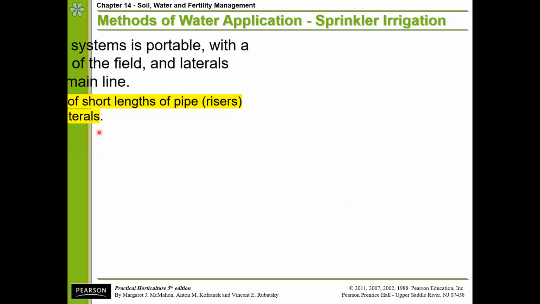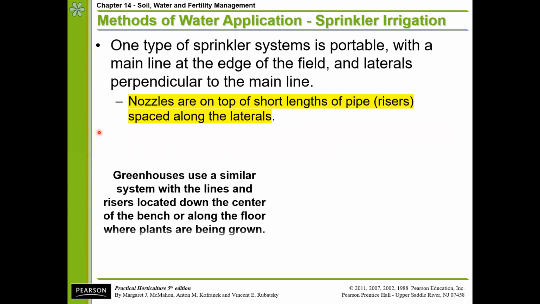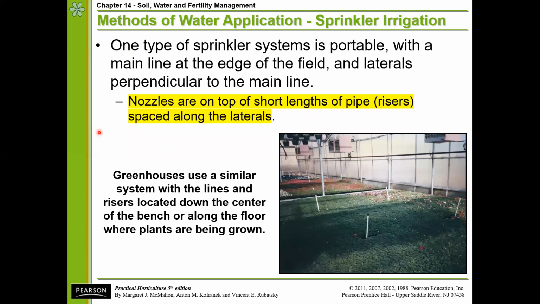Going back to using these, in really any situation but pictured here in a greenhouse, they've got a riser pipe placed along an area to get the nozzles or emitters above the surface, the crop canopy itself.